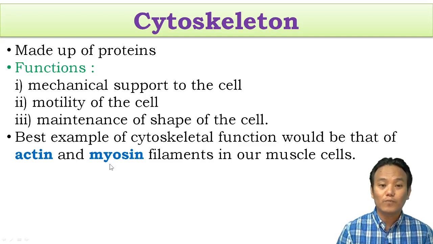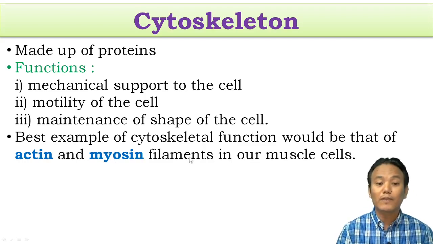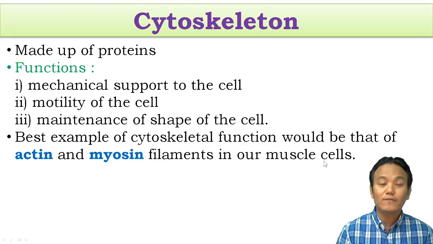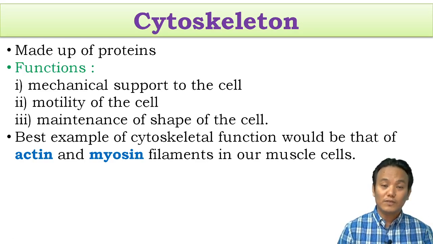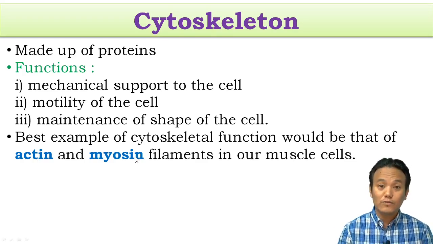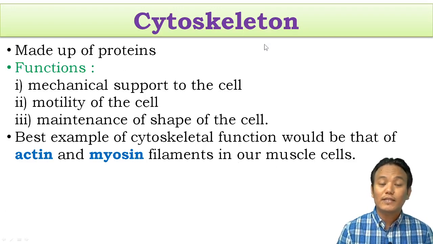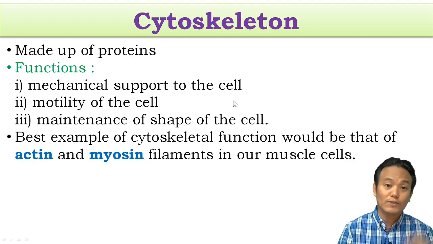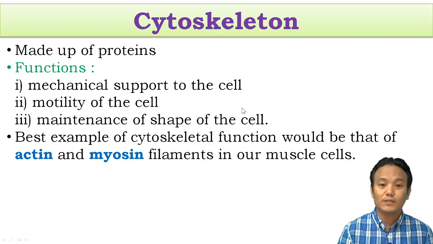Actin and myosin proteins make small filaments, and those filaments are present within the muscle cells, and they play a significant role in the movement of our muscles, the contraction and relaxation of the muscles. Actin and myosin filaments play a role here. So you can clearly see that the cytoskeleton plays diverse roles, not just providing shape and mechanical support to the cell, but it also has a role in the movement of the cells as well.